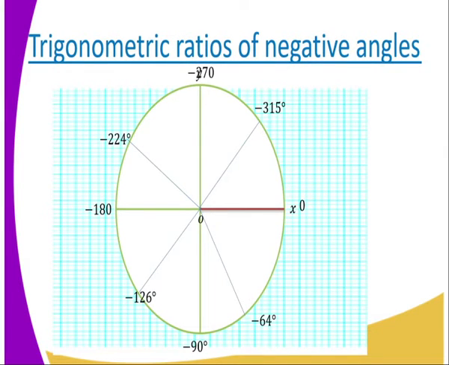You can see that negative 64 degrees is in the fourth quadrant, while negative 126 degrees, which is greater than negative 90 and less than negative 180, is in the third quadrant. And then the other one is in the second quadrant. Then negative 315 degrees, which is greater than negative 270, is in the first quadrant.